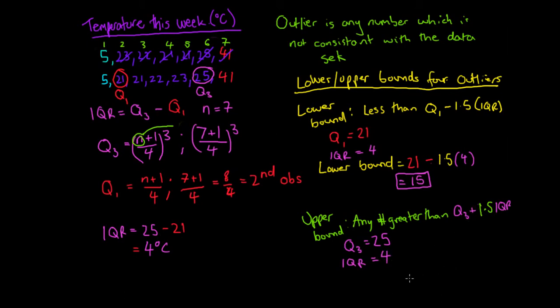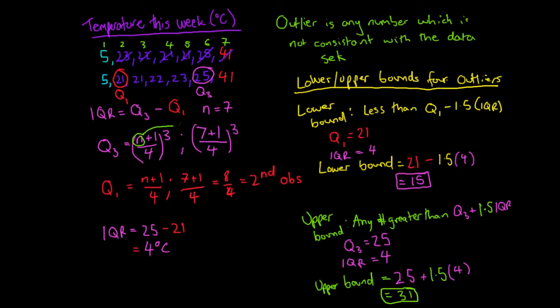If we just substitute these numbers into the formula, we can say that our upper bound is equal to our third quartile, which was 25, plus this 1.5 times by our interquartile range of 4. So our upper bound is going to just be equal to 25 plus 6, which is 31. So any number that is greater than 31 will be classed as an outlier.